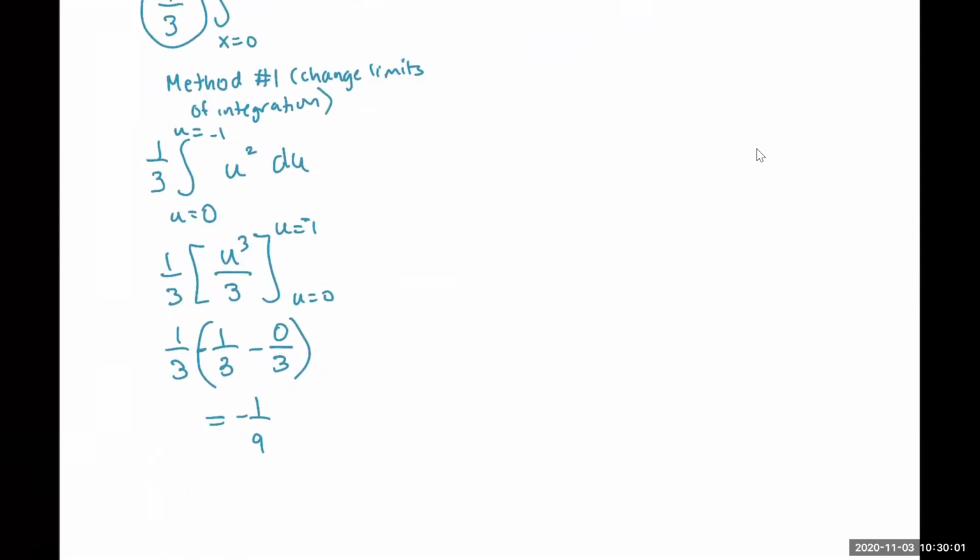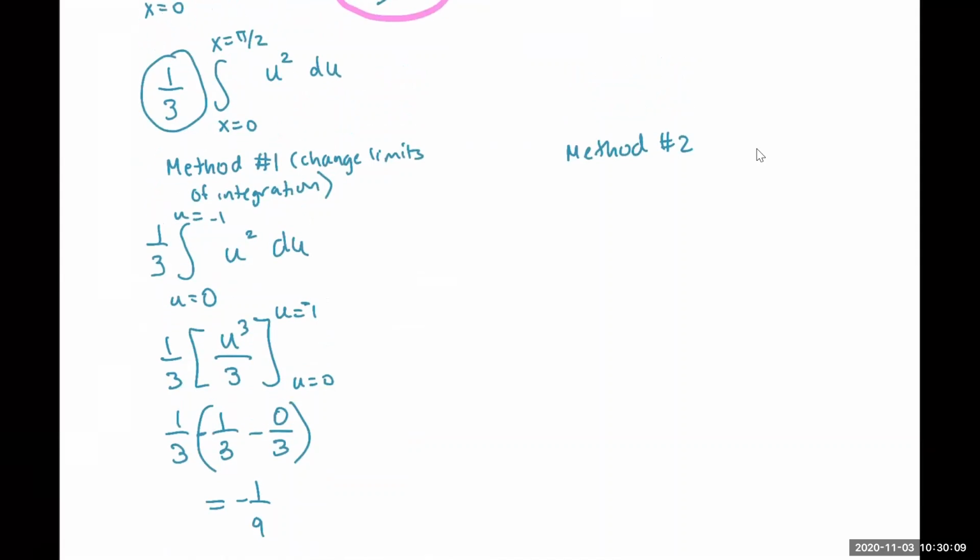Okay, so method 2 is basically we are going to just pick up from where we had the issue. Where we had the issue was right here, where there was a discrepancy between the limits of integration being x and this being u. So for this one, I'm just going to ignore the limits of integration for now and just do my antiderivative.